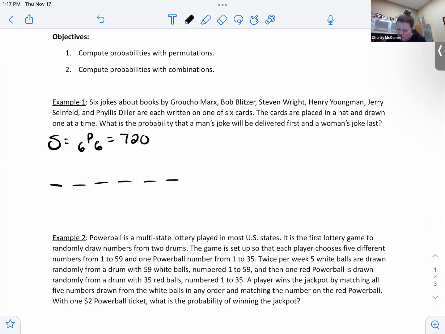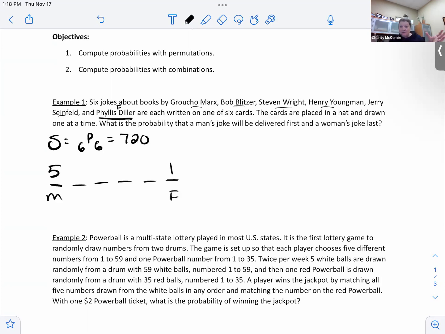And we want a man's joke to be delivered first and a woman's last. How many men are there? Well, I think Phyllis is a woman, right? Female. The rest, we'll just say their male names, right? So 1, 2, 3, 4, 5 males and 1 female. So I have 5 for the males and 1 for the female.